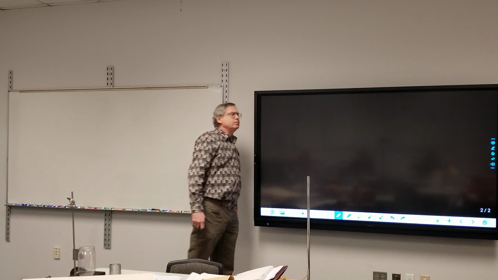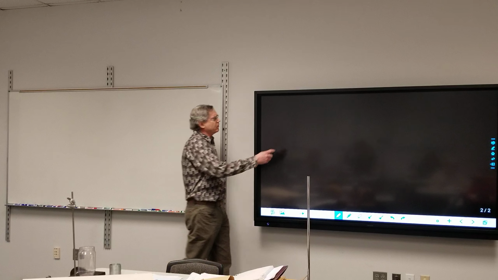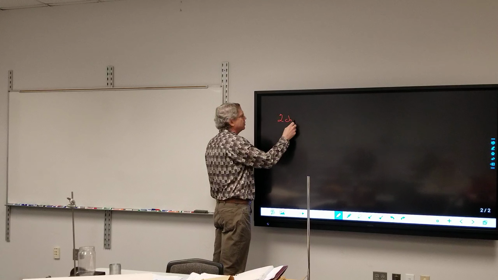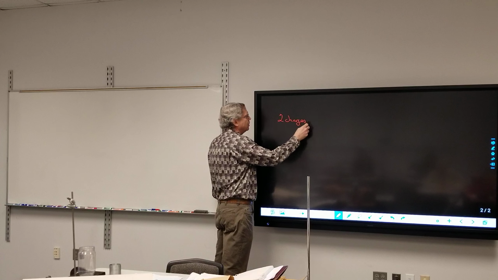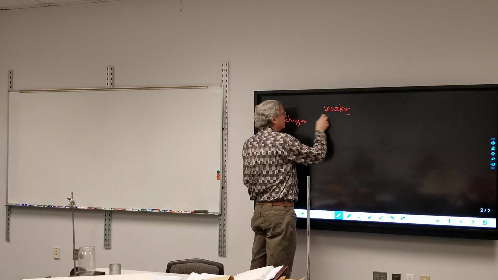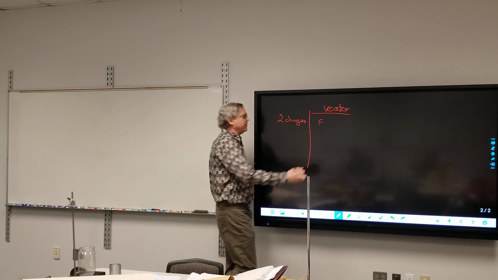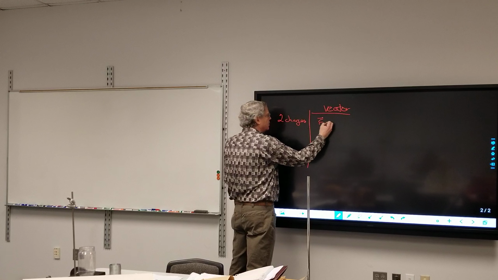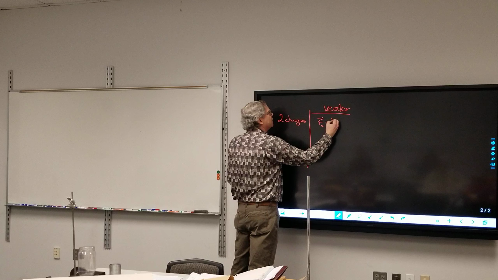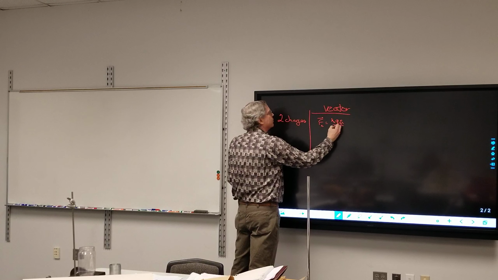So we're looking at dealing with charges. If I have two charges, and we're looking at a vector quantity, we have forces. We have the electric force between two charges, and the formula is K sub C Q1 Q2 over R squared.